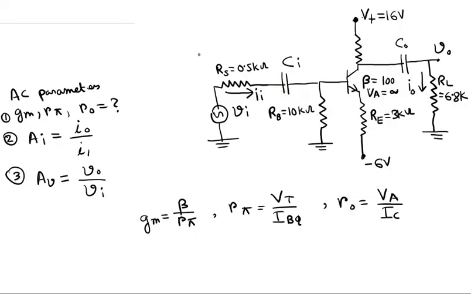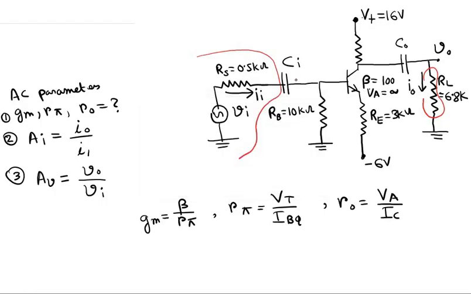Similarly, this capacitor C0 also prevents any flow of DC current in this direction. The capacitor basically acts as an open circuit to DC voltage and DC current, so as far as the DC part is concerned, C0 isolates this resistor from any DC voltage and DC current.